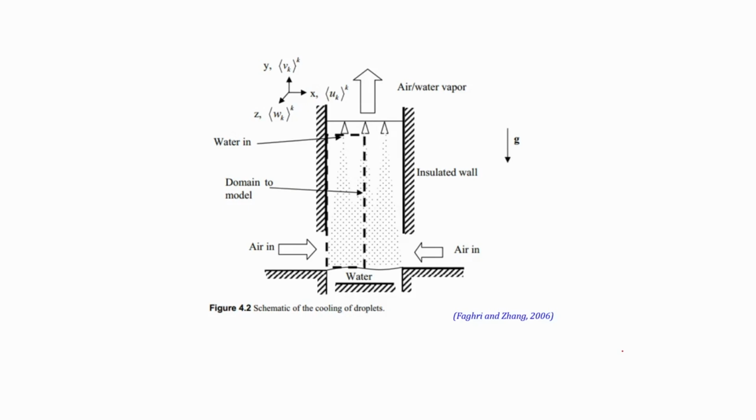Air enters here and it goes up. This is hot air, and water is sprayed from the top like a curtain. It is almost like a shower curtain. Water is sprayed in the form of a dispersed phase. These are basically dispersed droplets, got it.